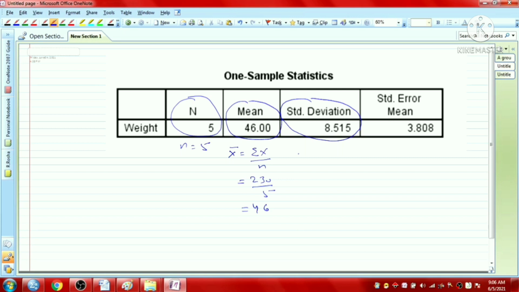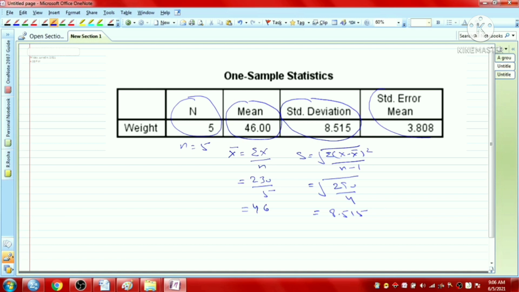The formula is under root of summation x minus x dash whole square over n minus 1. 290 by 4 comes out to be 8.514 or 8.515 approximately.